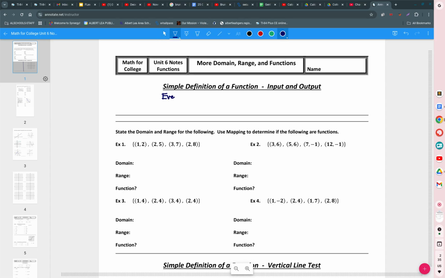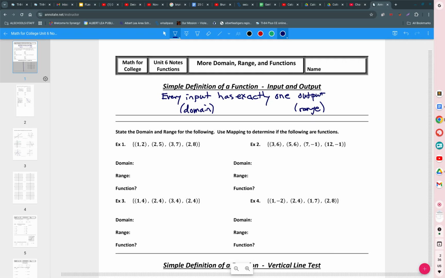Every input, and input is what we refer to as our domain, has exactly one output. That's your range.